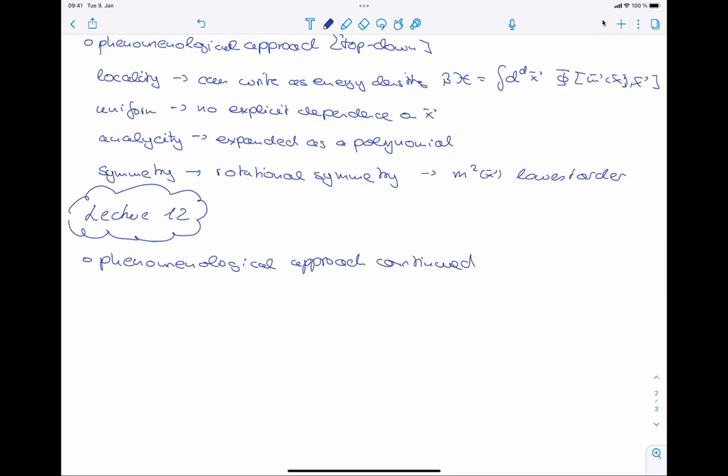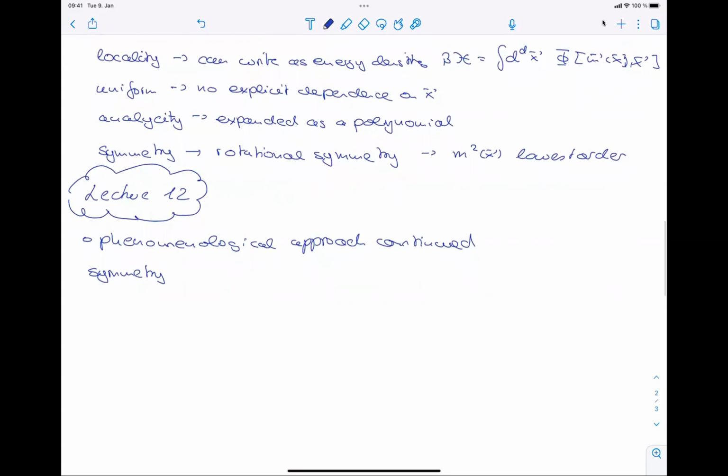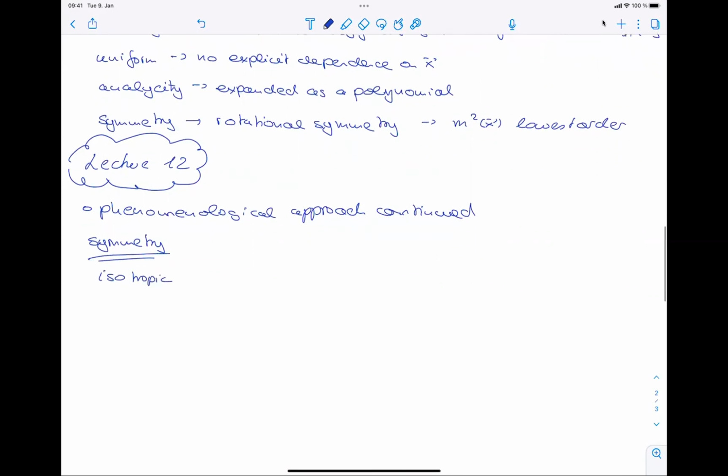So symmetries, we so far only considered rotational symmetry, but we could also have an isotropic system, which means that all directions of the system are equivalent. So like there's no preferred lattice orientation of my spin lattice that I consider.